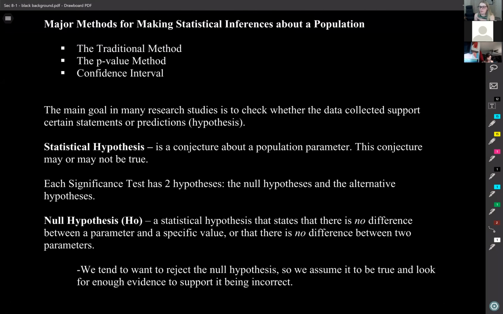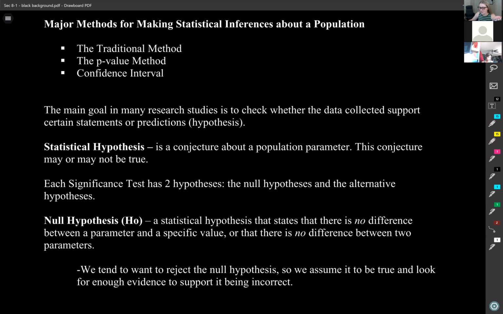The main goal in many research studies is to check whether your data collected supports your statement or prediction or your hypothesis. So maybe you want to see what percentage of people like chocolate ice cream over vanilla. This is a dumb question, but this is what I'm using.